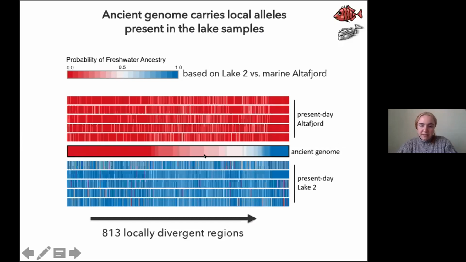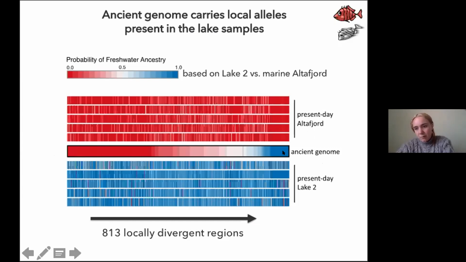Each line is representing one individual. So we have 5 individuals from the present-day Altafjord population, 5 from the present-day Lake 2 population, and then the ancient genome. As you can see here, the ancient genome is mostly carrying the marine version, but also carrying the freshwater version for some of them.